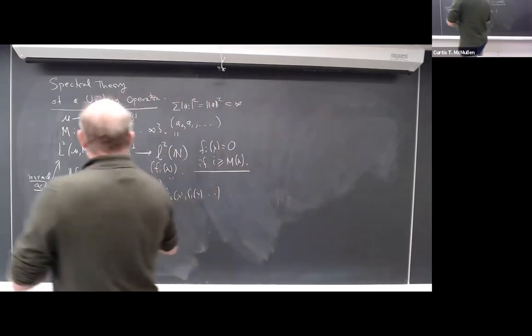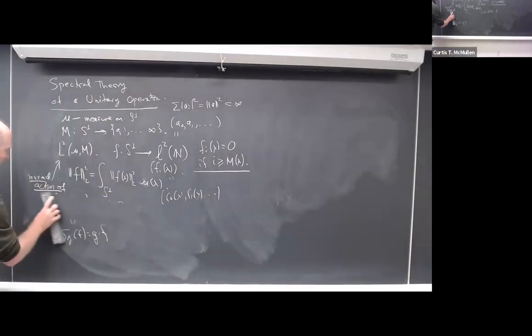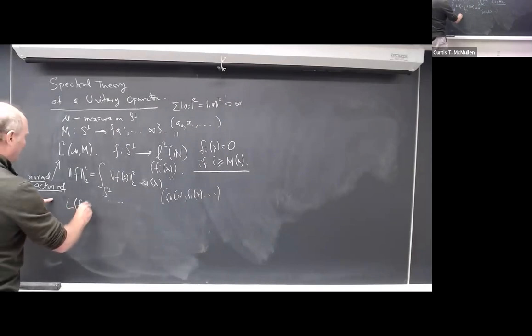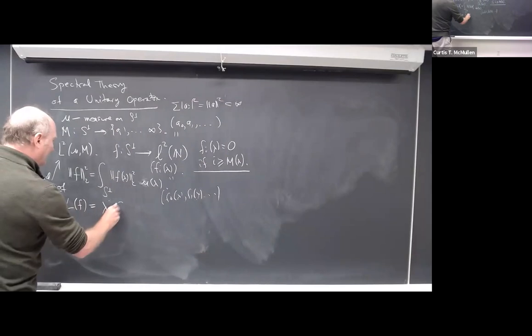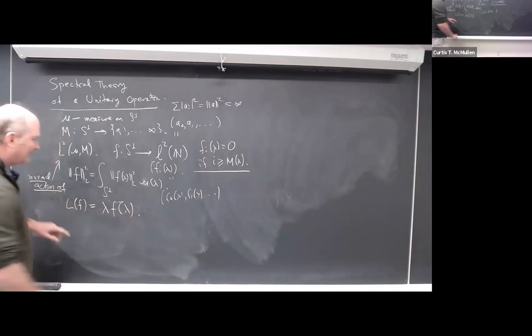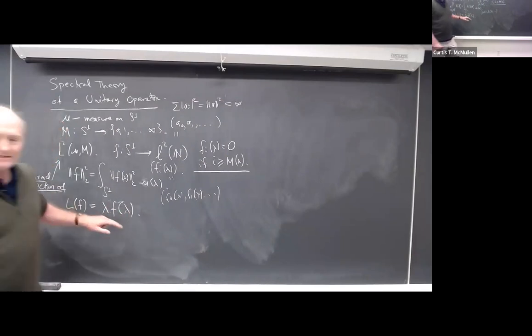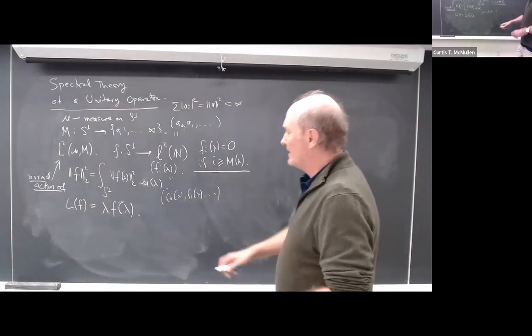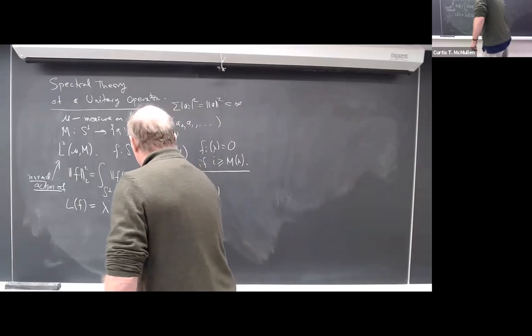And in particular on this space, we can multiply by the most obvious function of modulus 1 other than a constant. Namely, we define L of f to be the new function lambda f of lambda. And of course, lambda is ranging in the unit circle. And so this function has modulus 1 everywhere. This is a unitary operator.